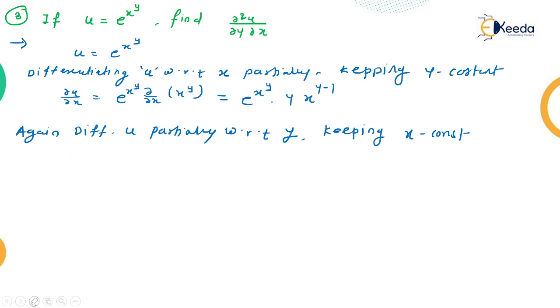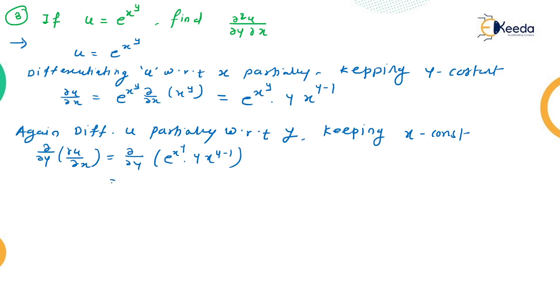So it becomes ∂ by ∂y of ∂u by ∂x. It means you have to take the derivative of e to the power x raised to y into y x raised to y minus 1.